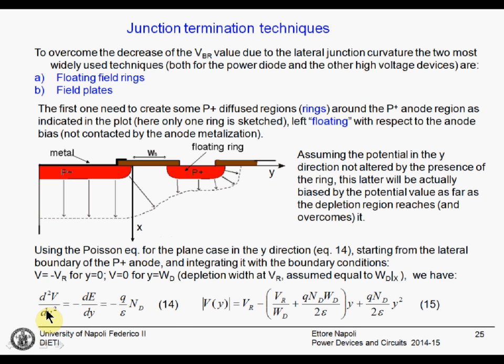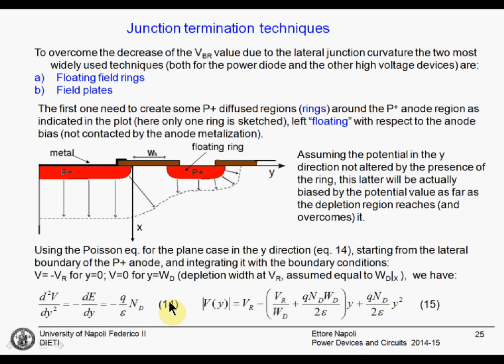The one-dimensional version of the Poisson equation is this one. The second derivative along y of the voltage is equal to minus the derivative of the electric field with respect to y, that is equal to minus q N_D divided by epsilon.